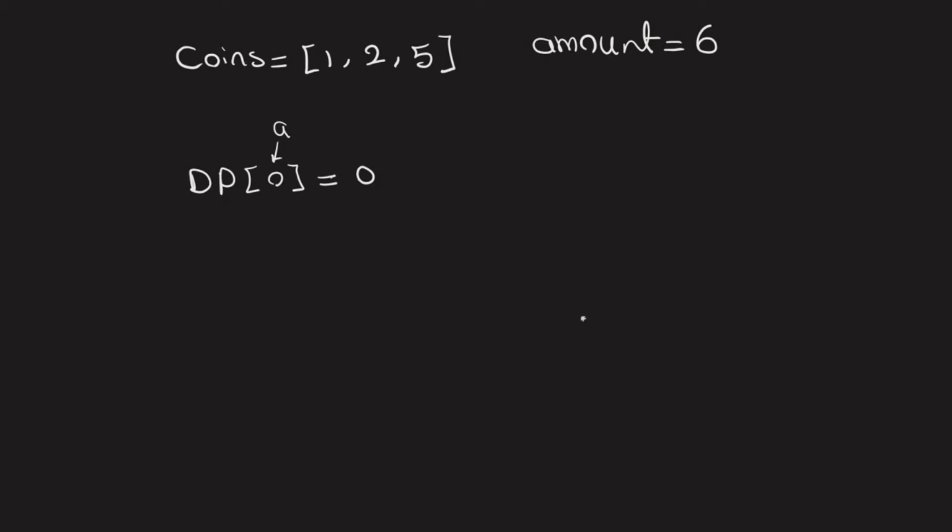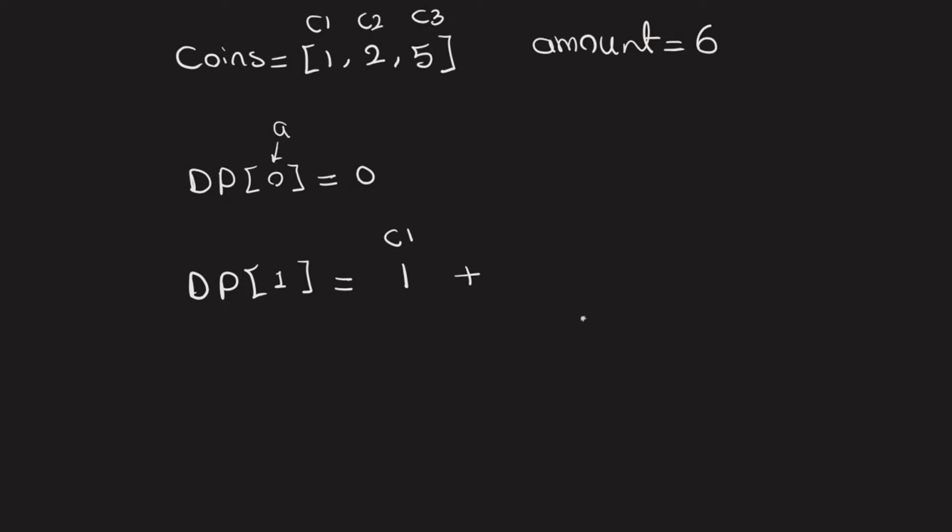Okay, for the amount 1, I can select a coin 1, the first coin, let's call them C1, C2, C3. So I can select the C1. So when I select C1, I'm using 1 coin. Okay, I put 1 here.